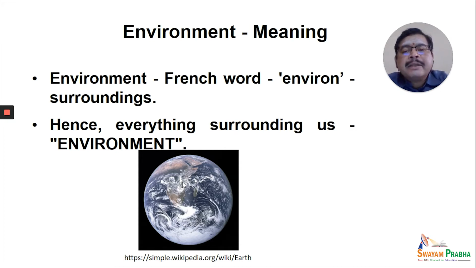So there is an interaction between the air and the plants, and the plants interact with the soil for their food, and we depend on the plants for food. So it is a totally interlinked phenomenon. In our surrounding, we depend on both biotic as well as abiotic components, and their interdependence makes us more interested to learn what this environment is.